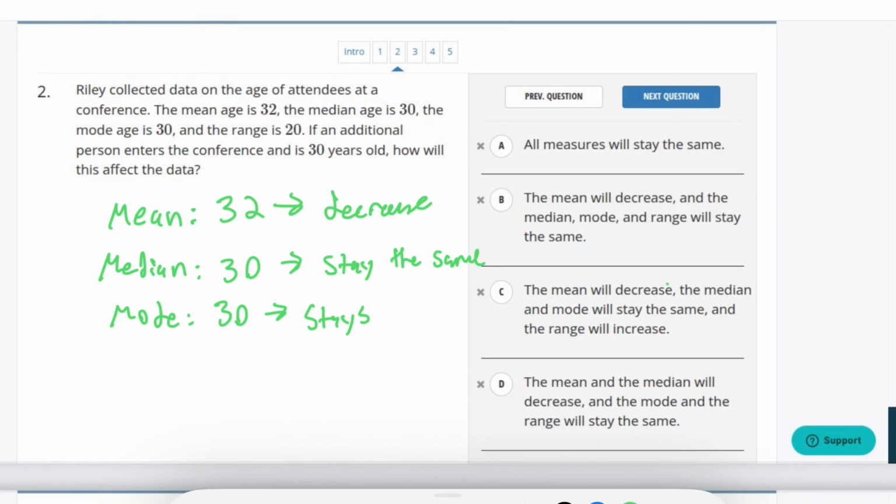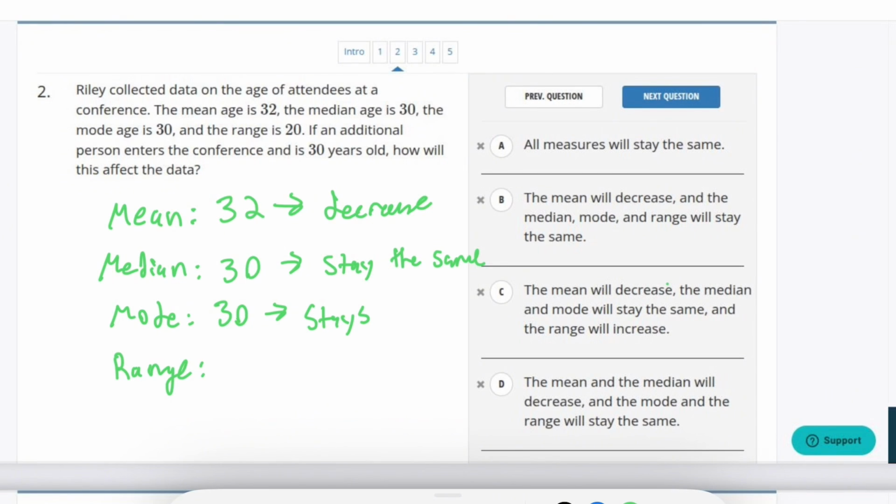Then the range. So range is the highest number subtracted by the lowest number. So the range, we know that the median is 30. So since the median is 30, 30 is directly in the middle, and you're just adding another 30, it will not affect the lowest number or the highest number. So it doesn't matter.